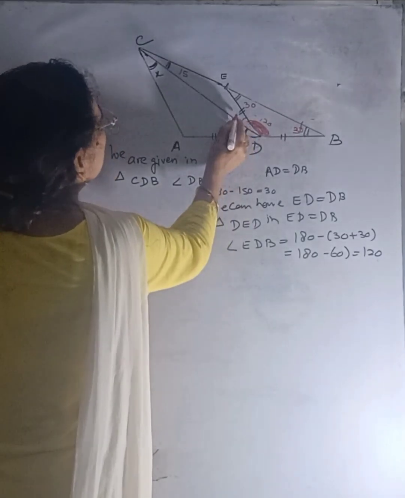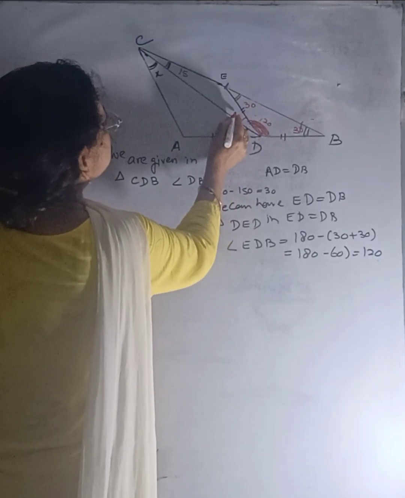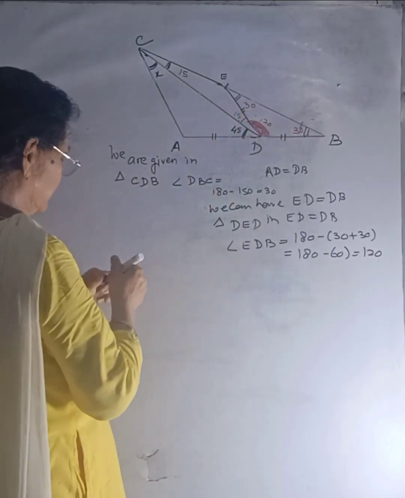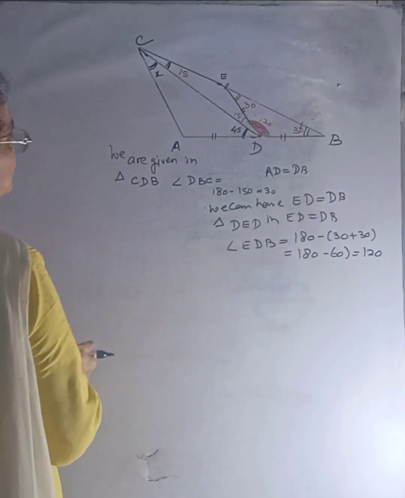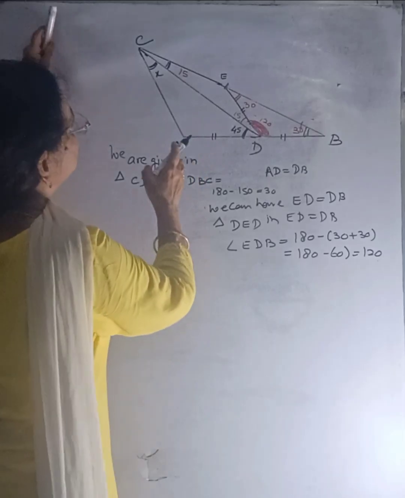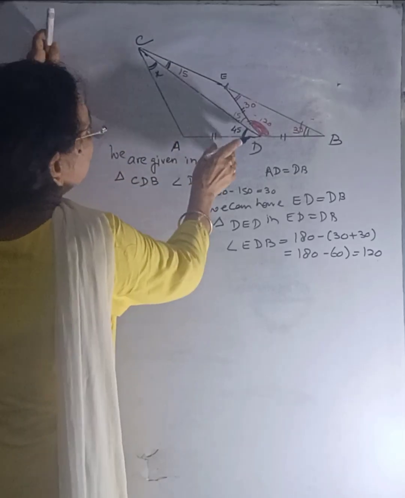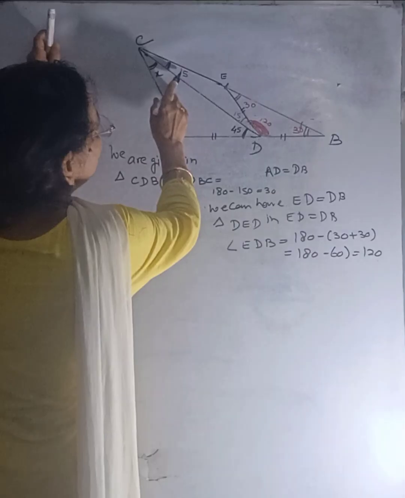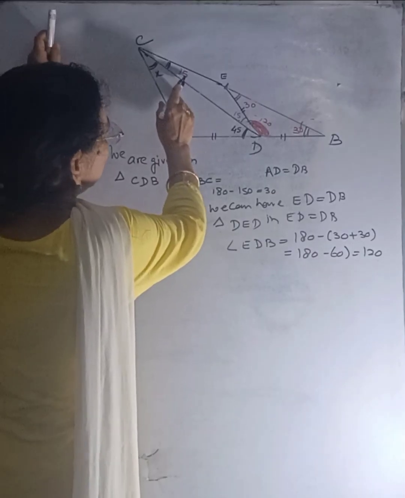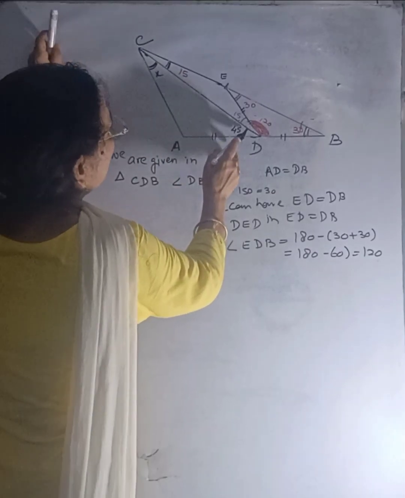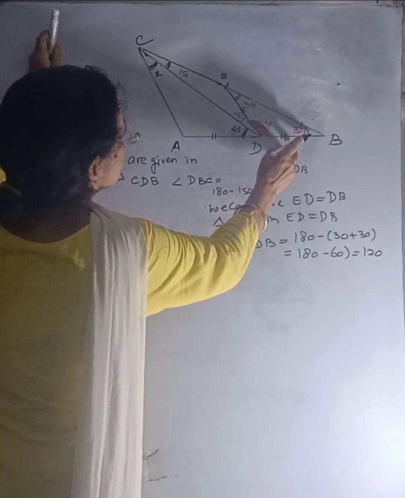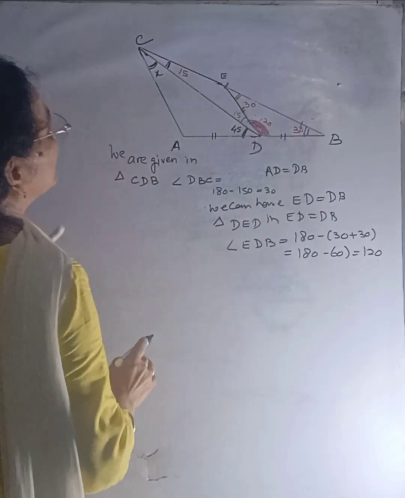How? First, I am going to prove it again. In triangle CDB, we were given this is 15 and this is calculated 30. How?